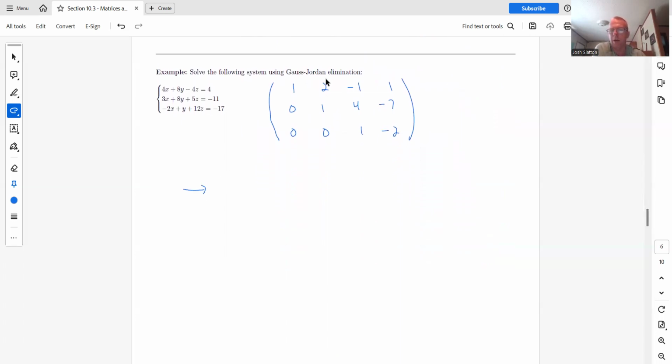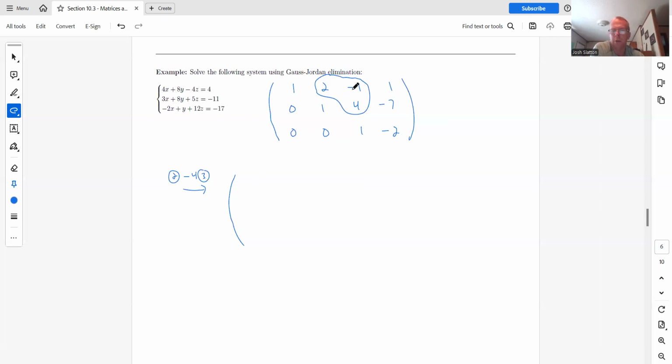Now what we need to do is get zeros in these 3 spots, and that will put us in reduced row echelon form. This is kind of our anchor here. To get this one to be a 0, we're going to multiply row 3 by -4 and then add it to row 2. So row 2 minus 4 times row 3.